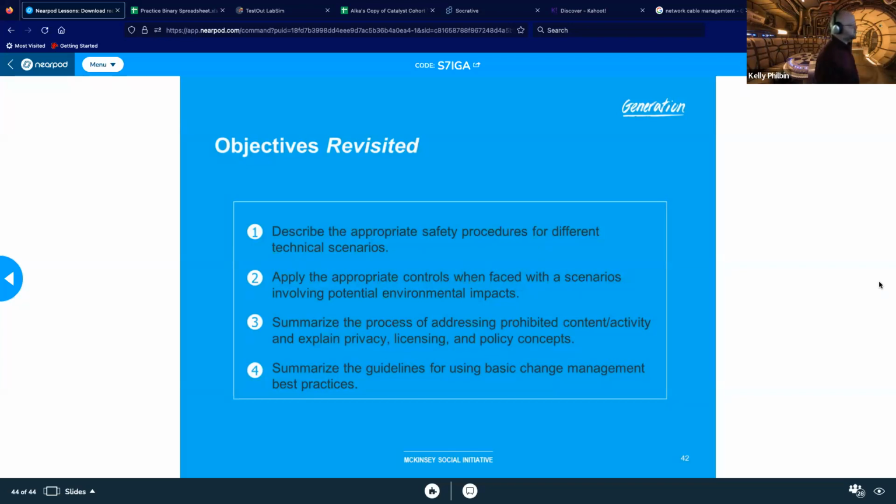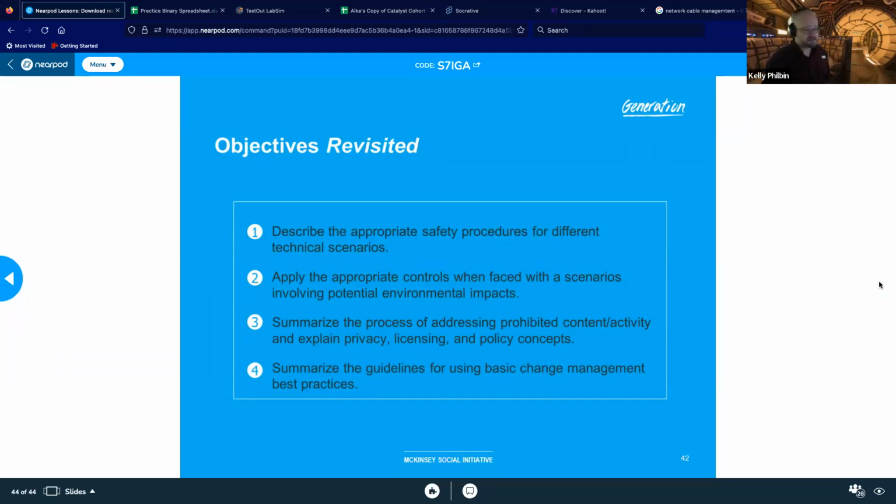By now, we should be able to describe some of the appropriate safety procedures for different technical scenarios. Lift with the legs, use ESD gloves, keep temperatures cool, moderate humidity, good ventilation. Apply appropriate controls when faced with a scenario involving potential environmental impacts.